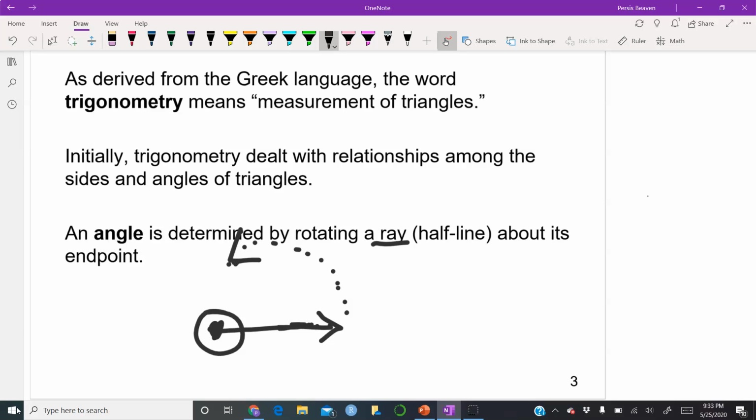It is considered to be counterclockwise because it is going in the opposite direction of your clock. Whatever the rotation is, that could be considered to be the angle, but we will get into more examples like that as we go on.